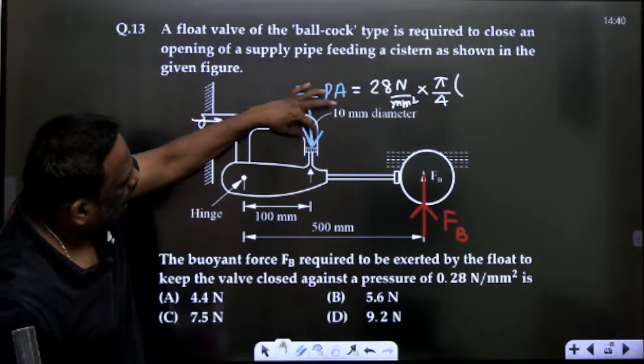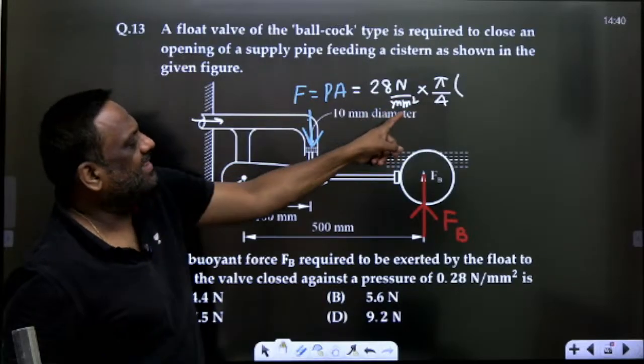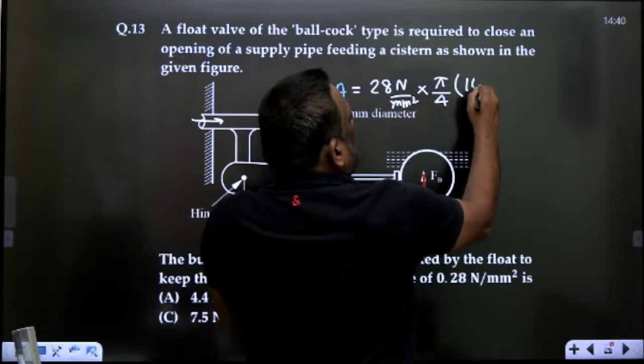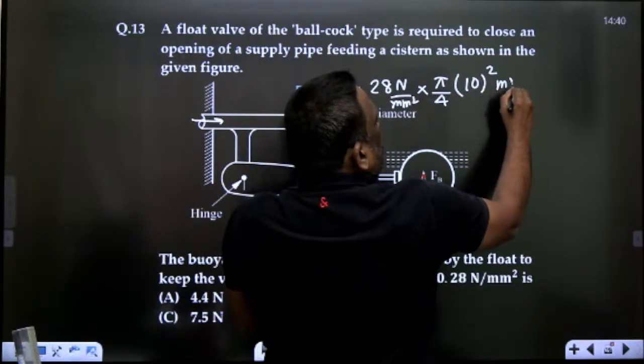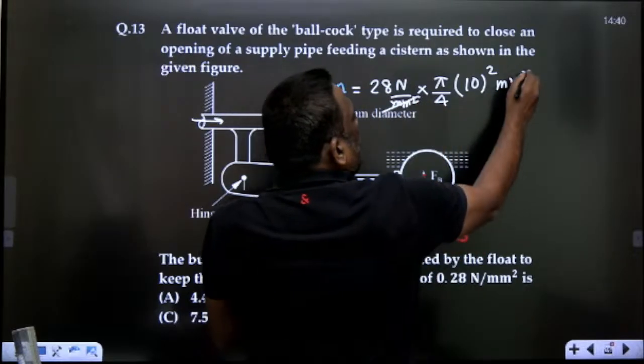The diameter is 10 mm, already in mm, so do not change it. So mm square is gone.